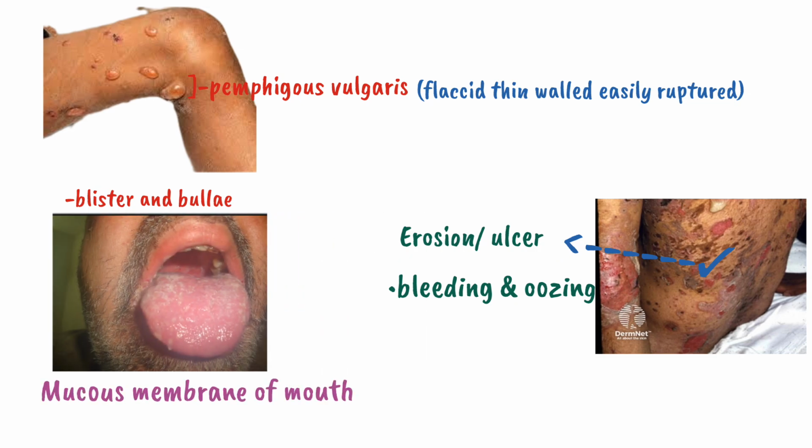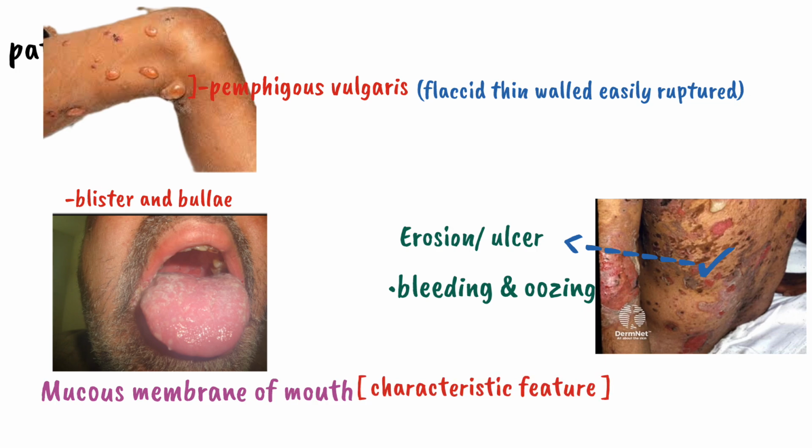The involvement of the mucous membrane is a characteristic feature of Pemphigus vulgaris, and it differentiates it from bullous pemphigoid. And when the bullae erode and ulcerate, they will heal without the formation of scar.